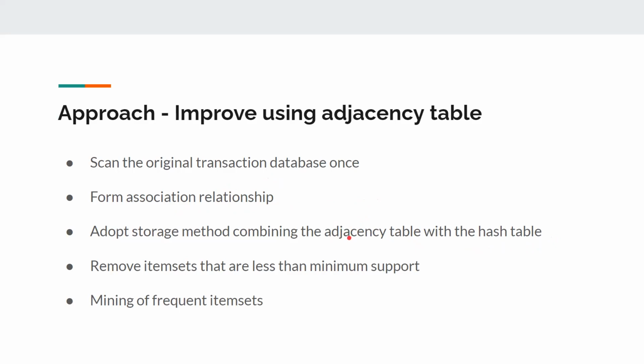Doing this will remove item sets that are less than the minimum support, and avoid generating all non-empty subsets of the largest frequent item sets. The last step is mining of frequent item sets. This can be done by generating single dimensional frequent item sets, and converting them to multi-dimensional frequent item sets.